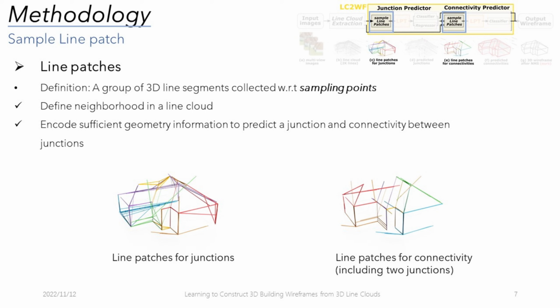As shown in the picture, lines of the same color belong to the same patch. For example, the lines in the right patch have multiple dominant orientations, suggesting that this patch has a higher probability of containing a junction. With the line patch, we can further encode some local information into the feature.